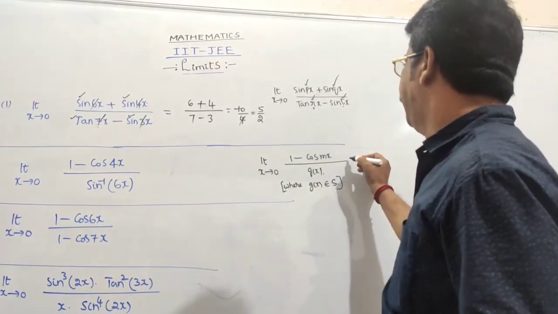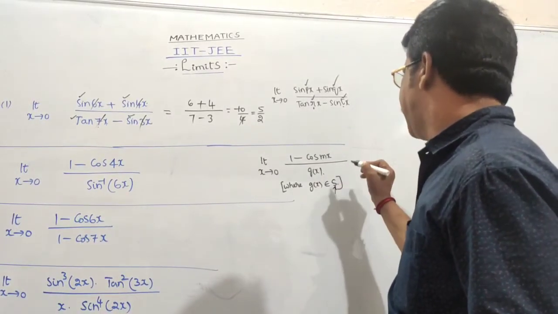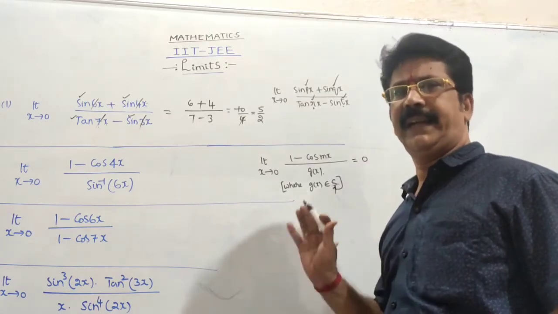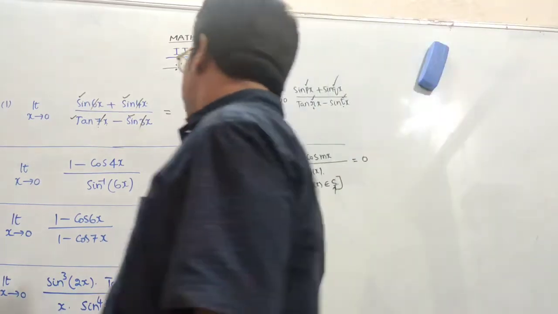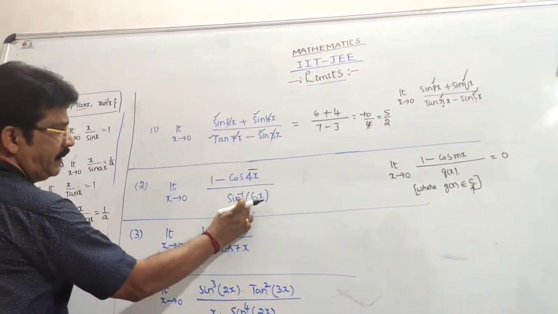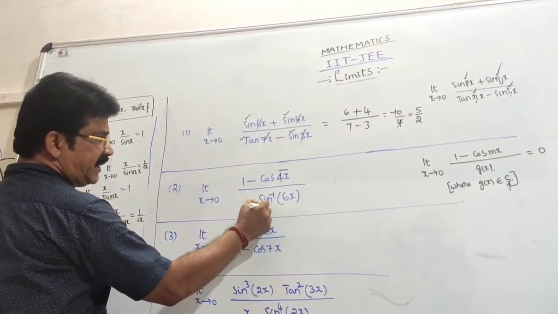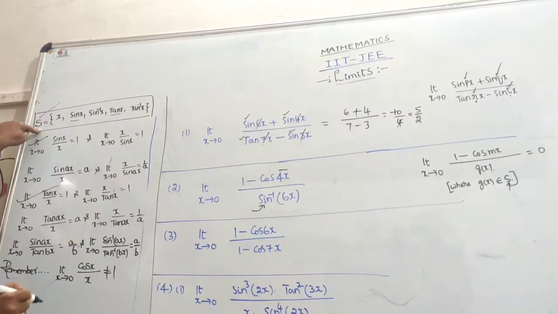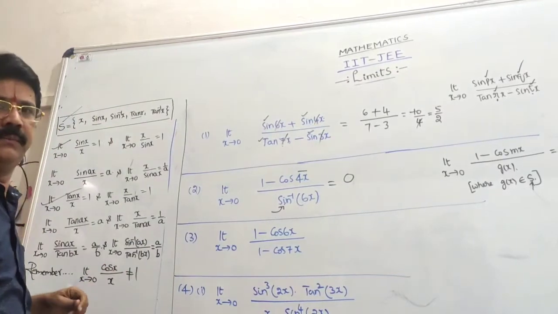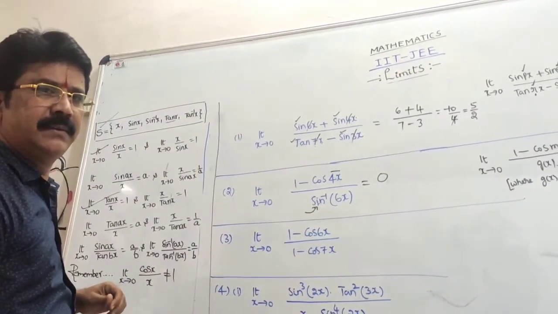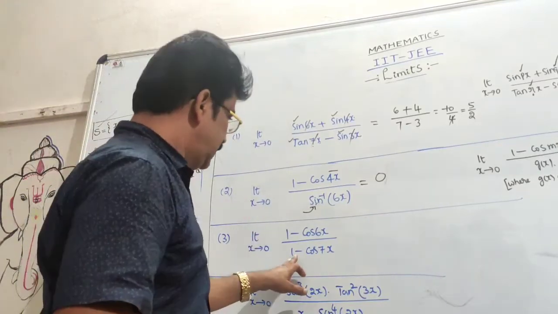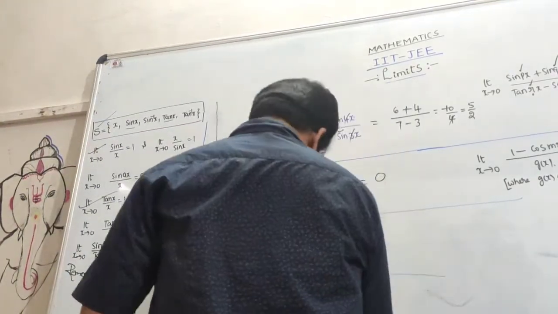Whatever it is in the set S, its answer is 0. Bluntly take 0. So 1 minus cos mx divided by a sin inverse function, it is from S. Therefore its value is 0. That's all. Understand? Right. Next, you come here. So clearly we see that.